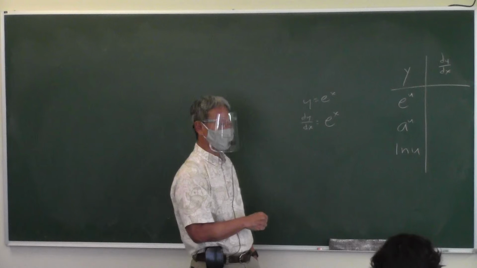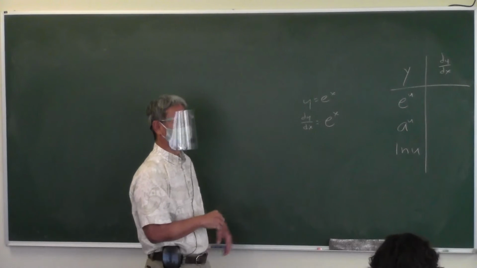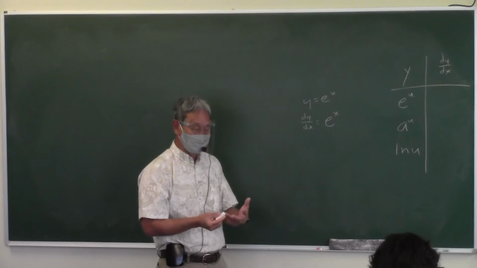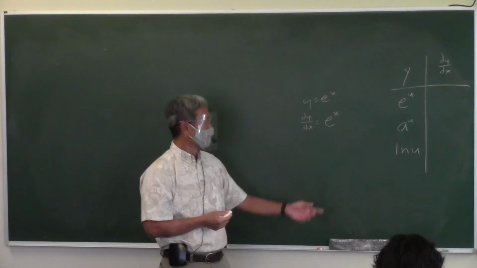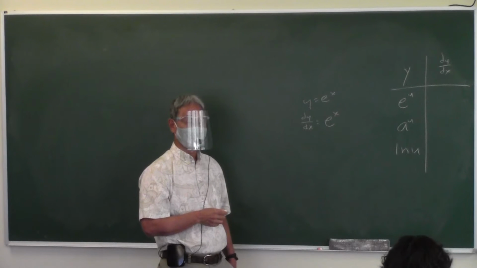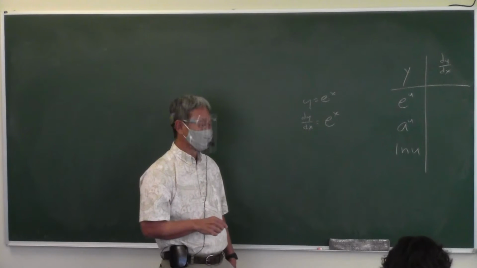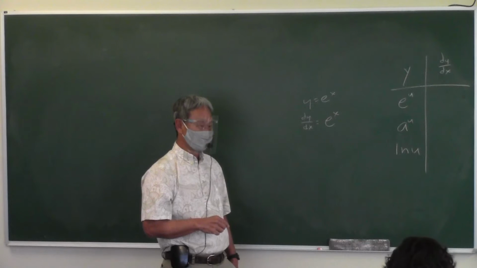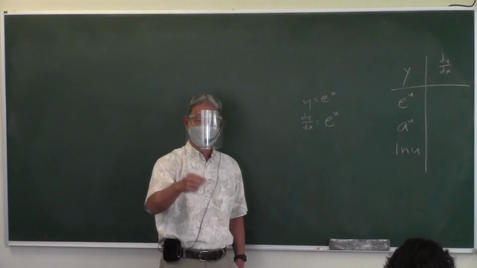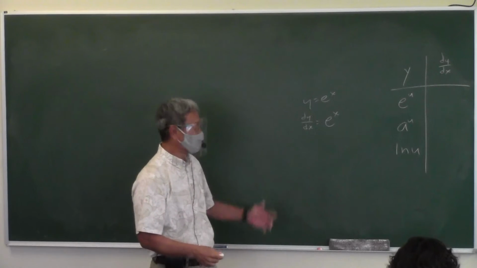There are only 2 functions where you take the derivative and you get itself. That's one of them. What's the other one? Zero, that's right. The derivative of 0 is 0. Those are the only 2.